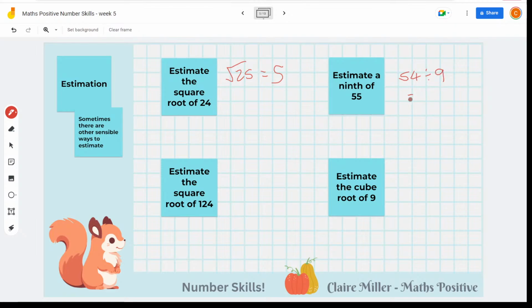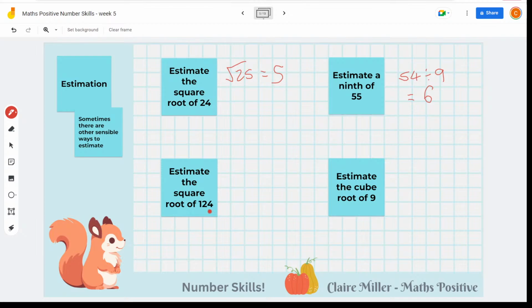Does that make sense? So 54 divided by 9, that would give me 6. So I've got a rough idea of what a ninth of 55 will be, but I didn't round in the same way as I was showing you. So bear in mind that depending on your question, you might want to round or change your number slightly differently.